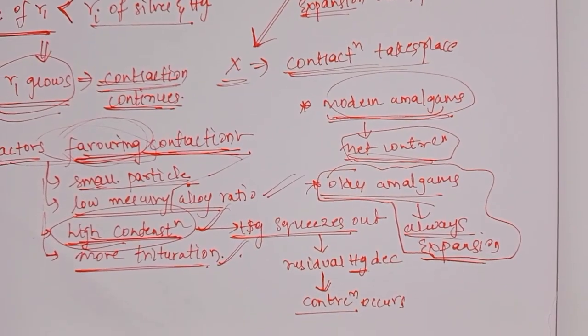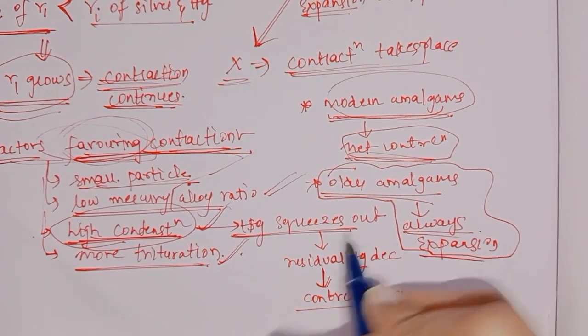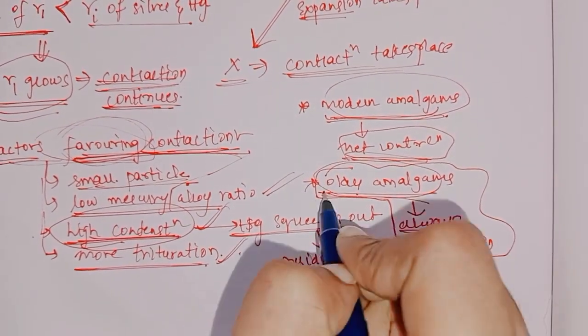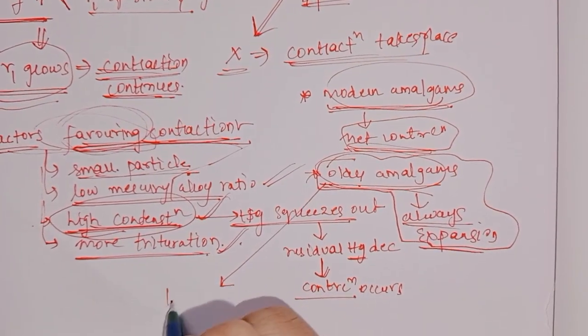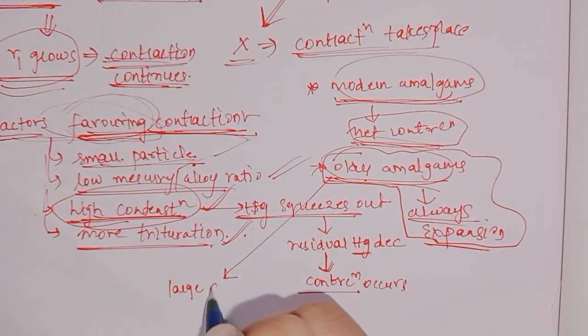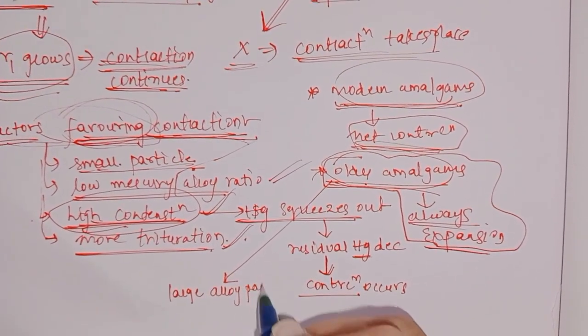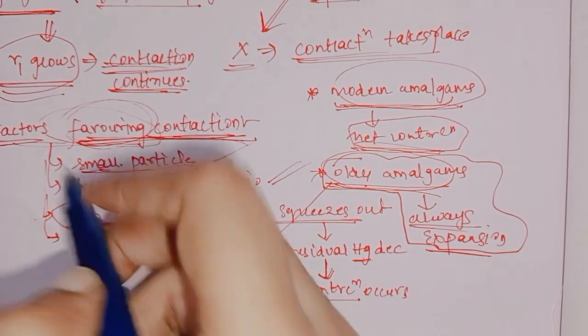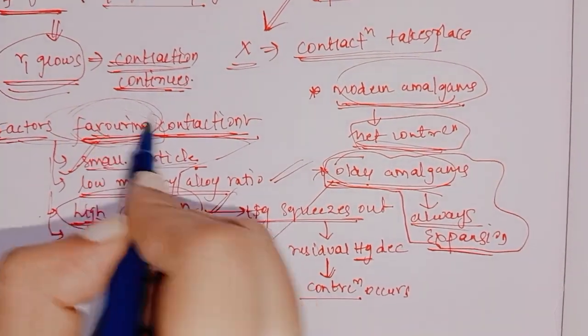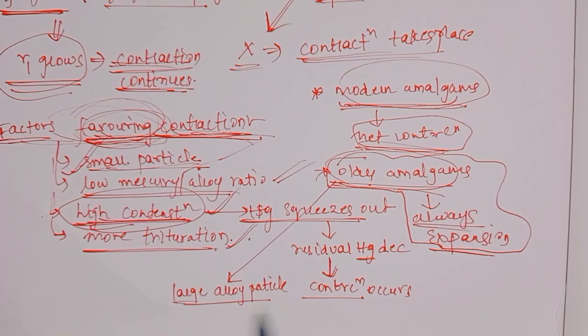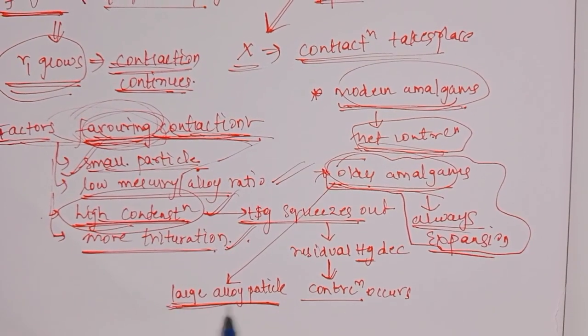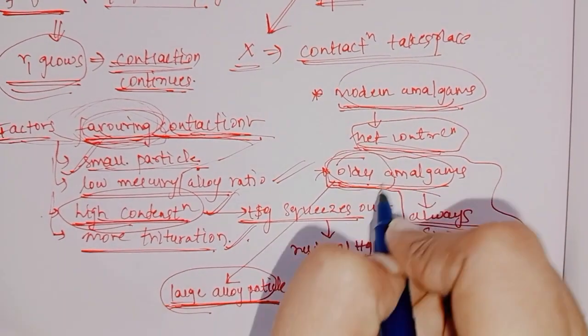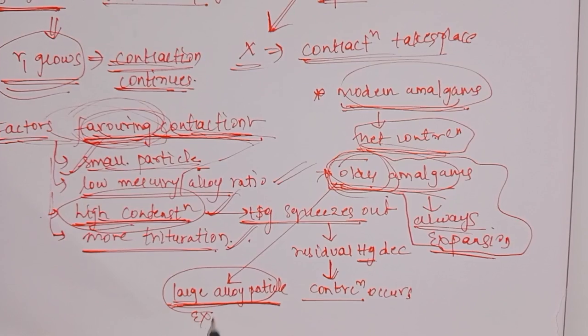The reason is that these older amalgams contained large alloy particles. We know small particles favor contraction, so when large alloy particles are present, expansion will occur.